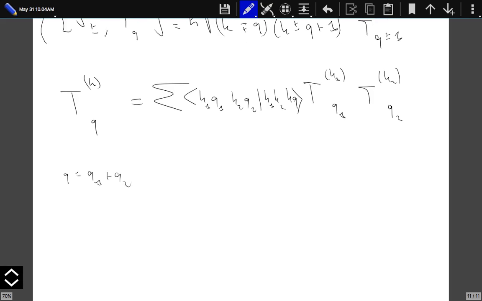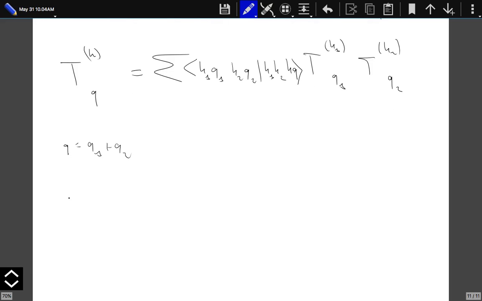Now, the claim will be this one. I have some operator T^K_Q, and I will be looking at its matrix elements. So I have some kind of a tensor operator T^K_Q. I'm looking at its matrix elements between two states.